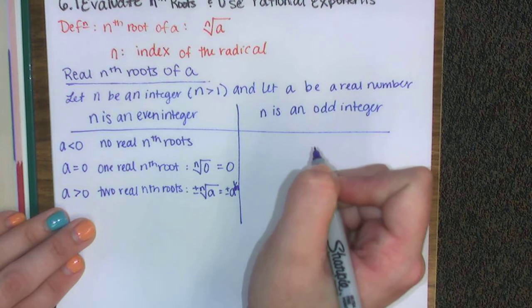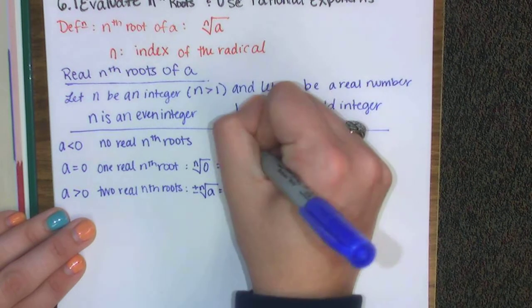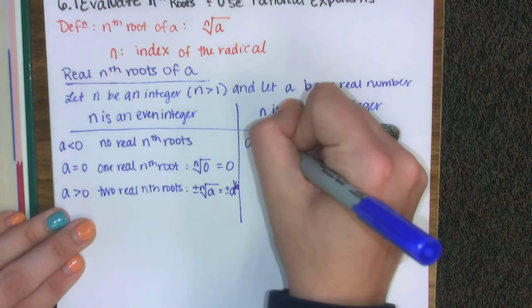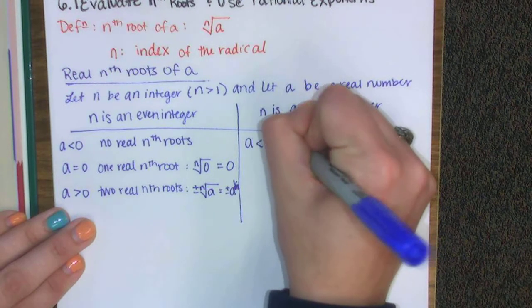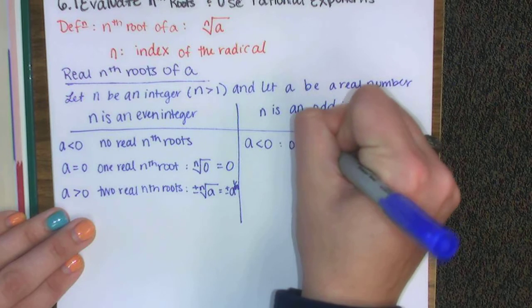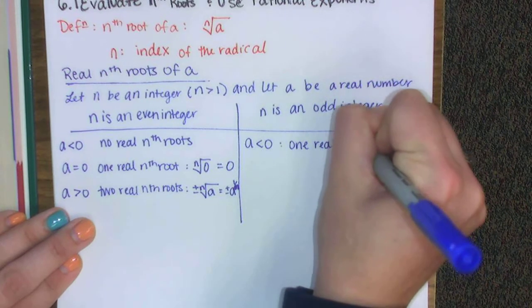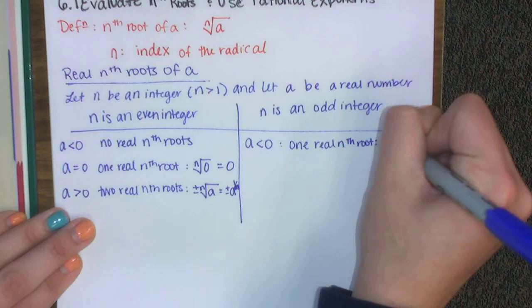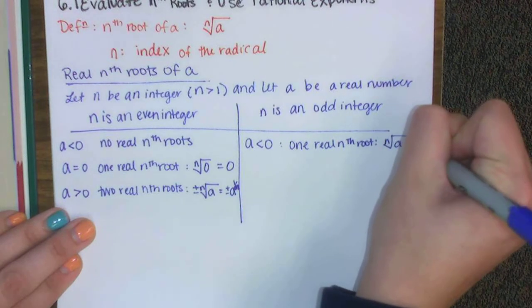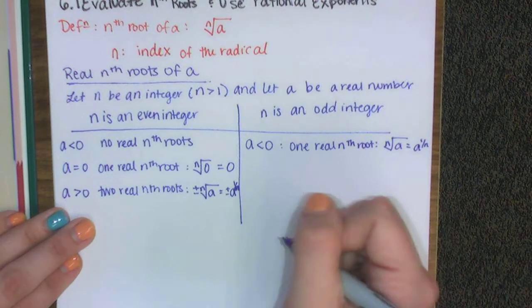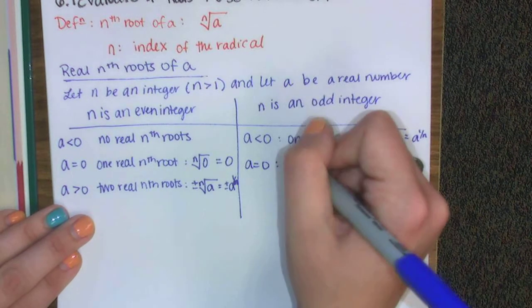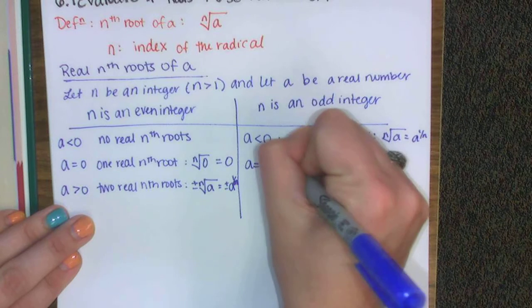Over here in the right-hand column, with n being odd, we have A less than 0. There is one real nth root, and that would be the nth root of A is equal to A to the 1 over n. If A is equal to 0, we have one real nth root.